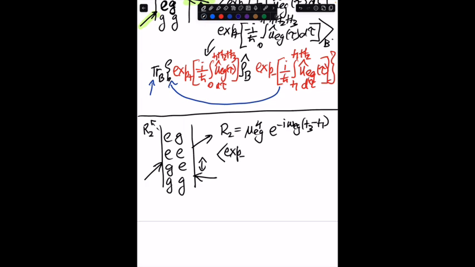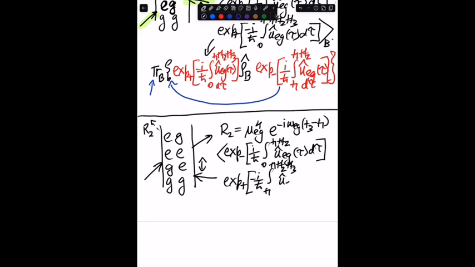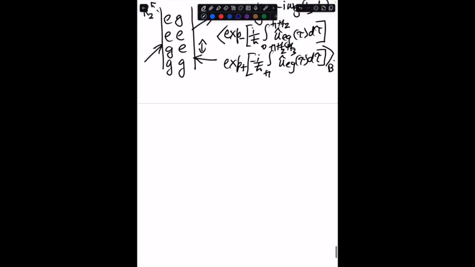So you get a negative time ordered exponential, and in this case, it would be from 0 to t1 plus t2 of u e g, tau, d tau, and a positive time ordered exponential from t1 to t1 plus t2 plus t3 of u e g, tau, d tau. Of course, this is an equilibrium bath ensemble average, and likewise we do the same for R3 and R4.